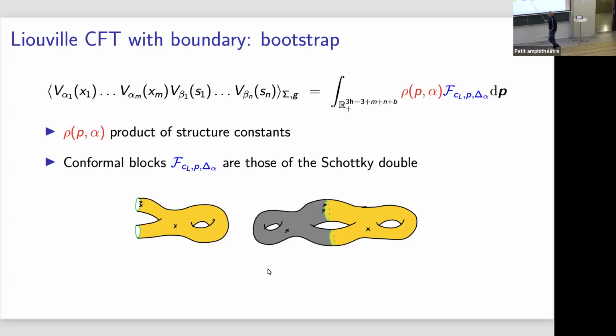And the conformal blocks are those of the Schottky double. So, for instance, if you want to compute this correlation function associated to this surface with marked points, you double it along the green curves. You get the double, that is the closed Riemann surface, and you take the conformal blocks on this one and plug it in this formula.